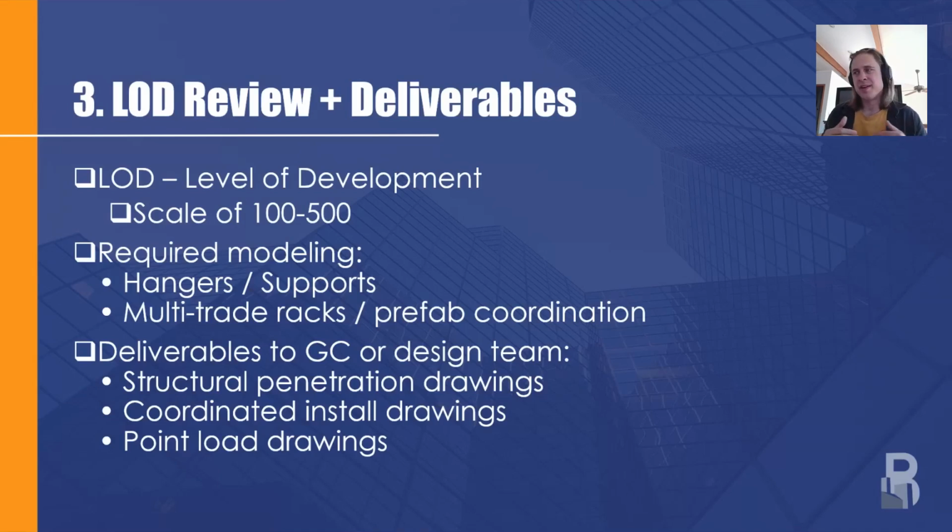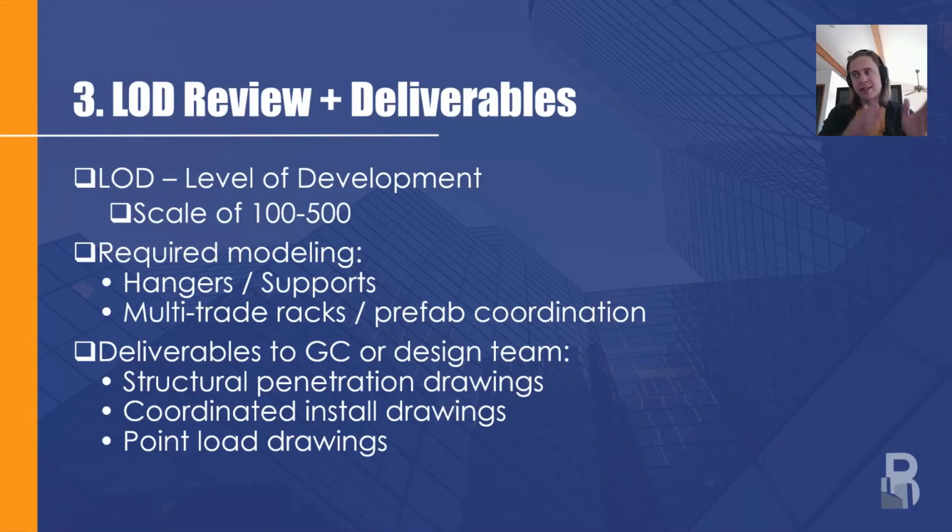The main thing that you're going to see as far as modeling requirements within your BIM execution plans on projects is hangers and supports. Simpler or smaller projects might not require hangers and supports be modeled.